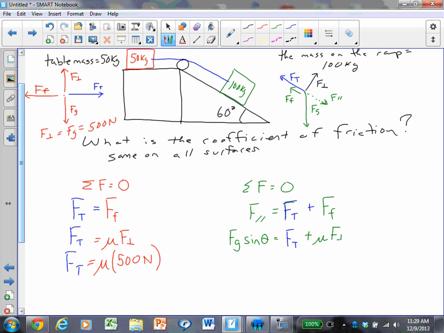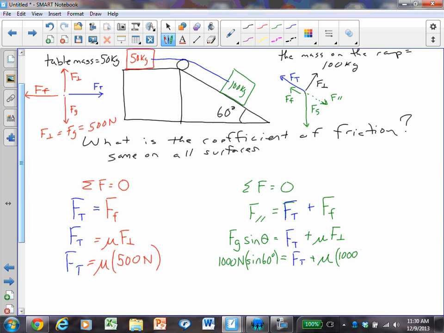Okay, so Fg is 1,000 newtons times the sine of an angle 60 degrees equals Ft plus mu times F perpendicular, but F perpendicular is what? What's the formula for that on the ramp? Fg cosine theta.